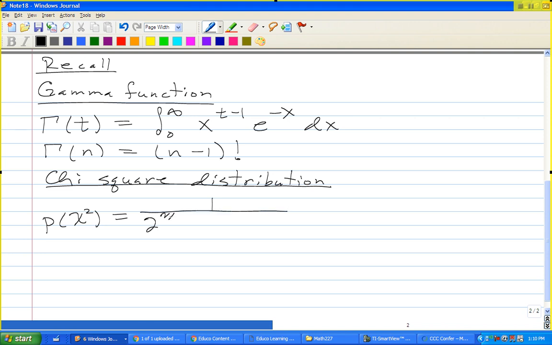So 2 to the nu divided by 2, sigma to the nu, times gamma of nu divided by 2, times, well, the variable chi-squared to the power nu over 2 minus 1, times, well, e to the, now it looks like the normal distribution, e to the negative chi-squared over 2 sigma squared.